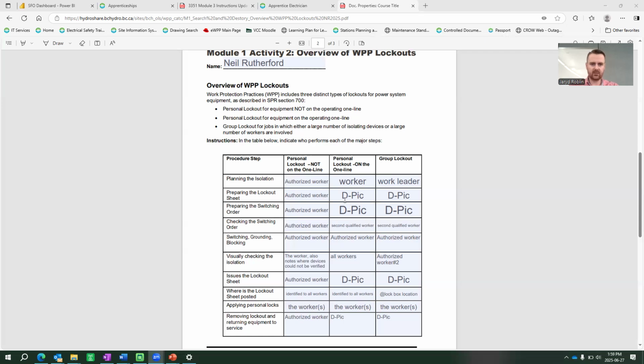Now, great job here. If we look at the second line down, preparing the lockout sheet under personal lockout on the one line, so that middle column, or under group lockout on that far right column, you put category D worker or the PIC. So that's exactly what we're looking for, right?